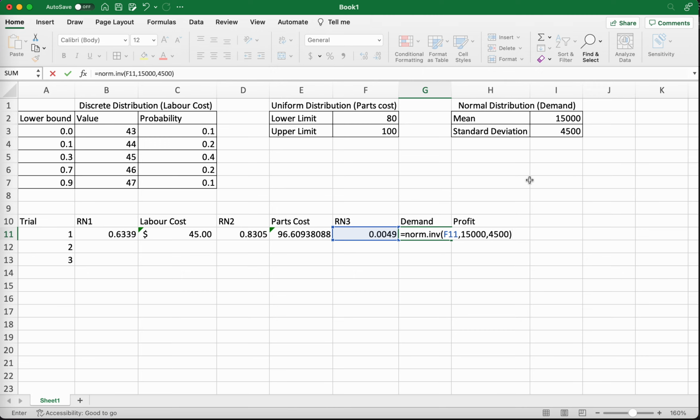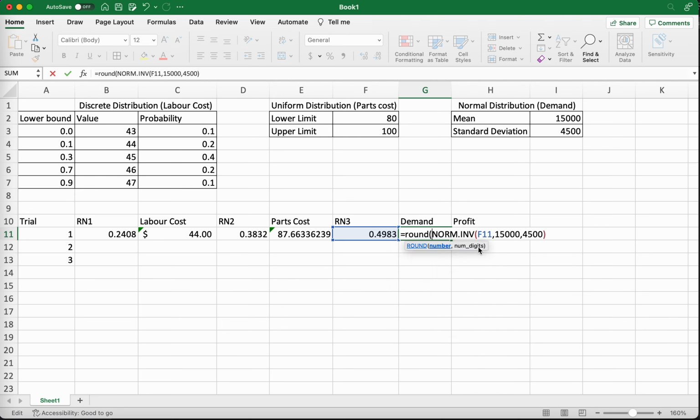So that's my demand. But the only other problem with demand is that sometimes it turns out to be a decimal, and that is not okay, right? Demand for some item that you're making cannot be 81.35. So it has to be a whole number. One thing we can do is surround the formula with the round function.